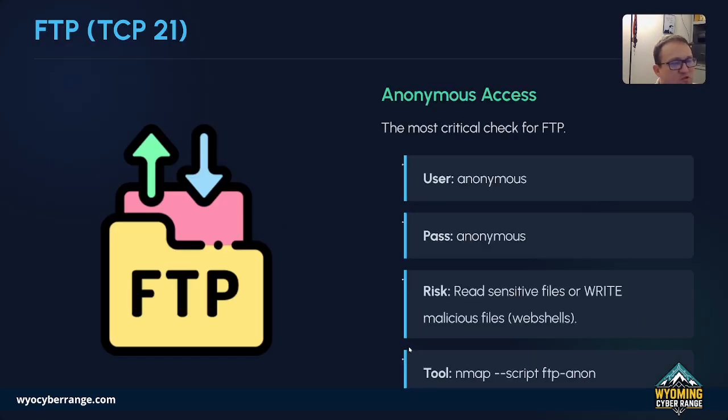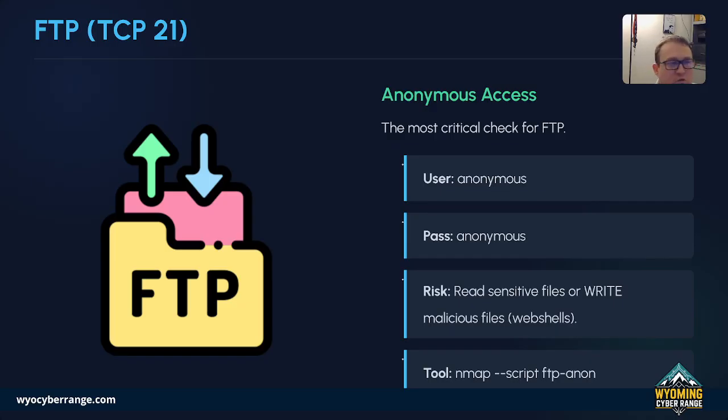The next one is your traditional FTP, port 21. If you find FTP out there, number one thing to look for is check for anonymous access. And it's username anonymous, password anonymous. If you can read, we can steal data. If we can write, we can upload a whole bunch of information, including web shells, and maybe even take over the server itself.